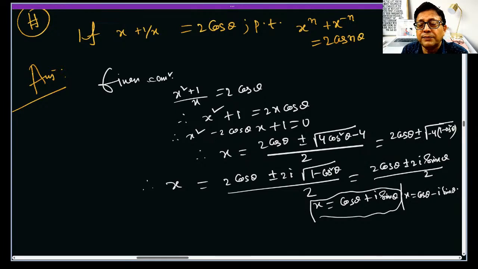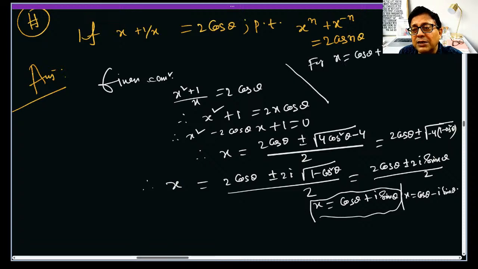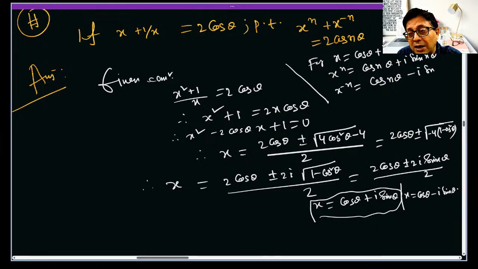I am proving it here. For x equal to cos theta plus i sin theta, x to the power n, if you apply De Moivre's theorem, is cos n theta plus i sin n theta. x to the power minus n, if you apply it, cos minus n theta is cos n theta minus i sin n theta.